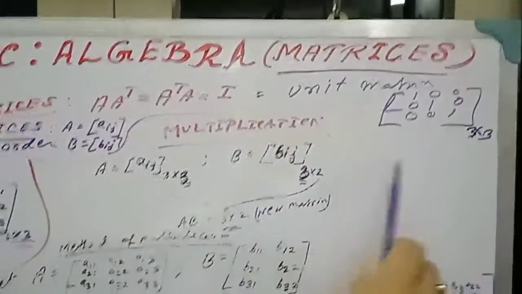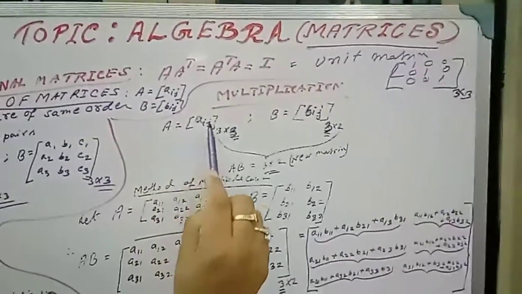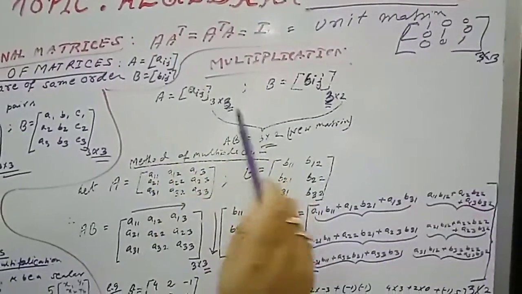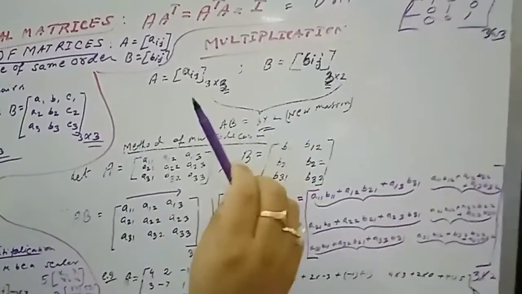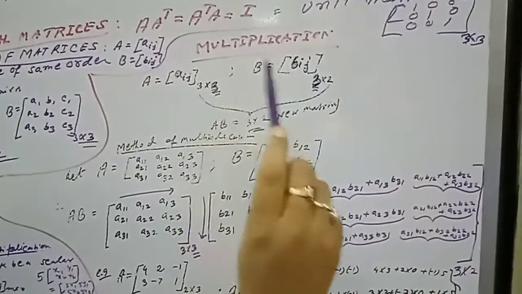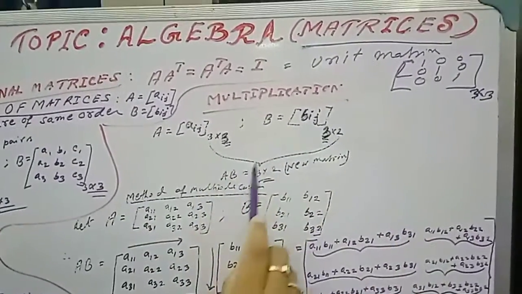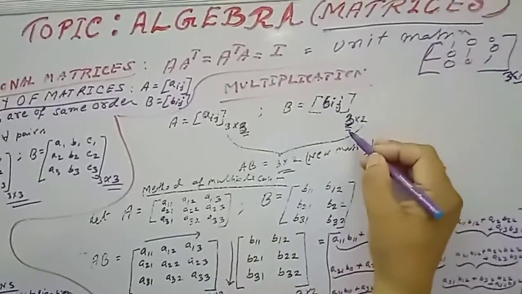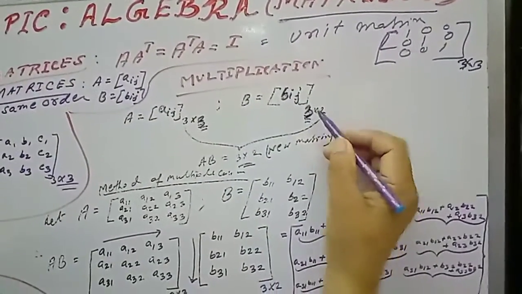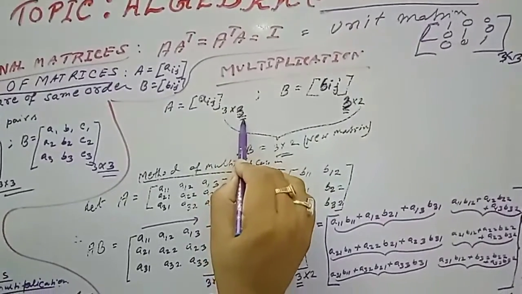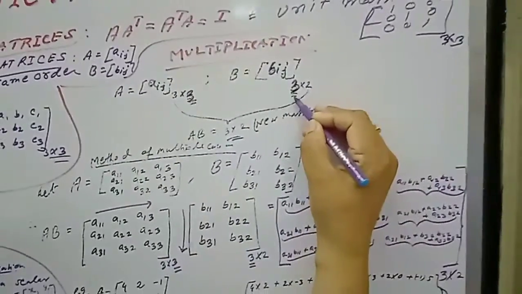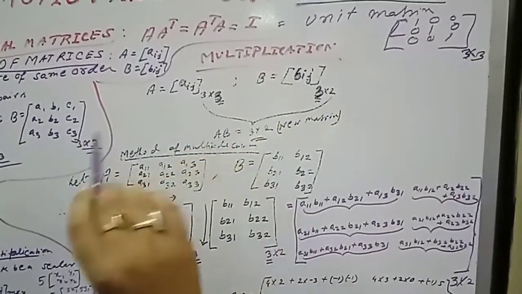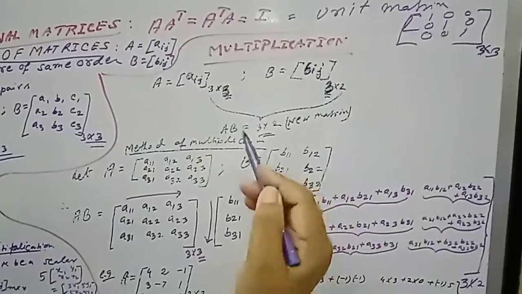Next is multiplication. Matrix multiplication is very important. Say A equals aij of 3 by 3 order, B equals bij of 3 by 2 order. These two matrices are conformable for multiplication when the number of columns in A is equal to the number of rows in B. Repeating, the number of columns in A is equal to the number of rows in B. If it happens, then only these two matrices are conformable for multiplication.